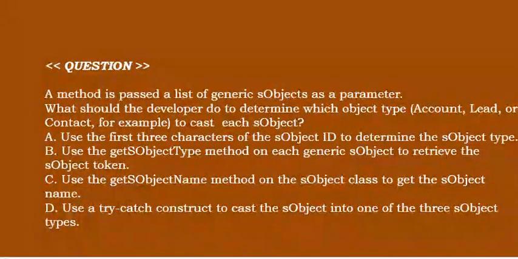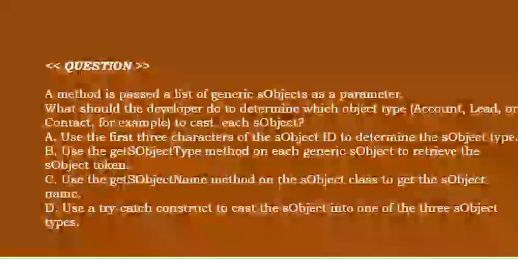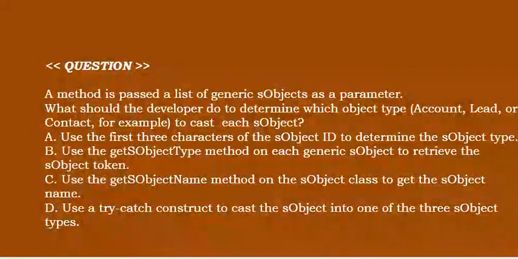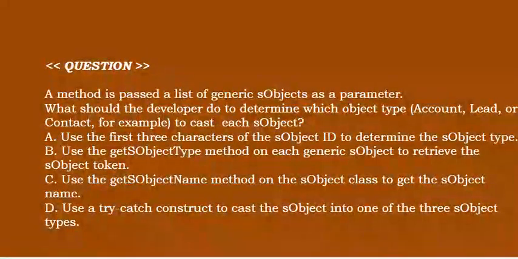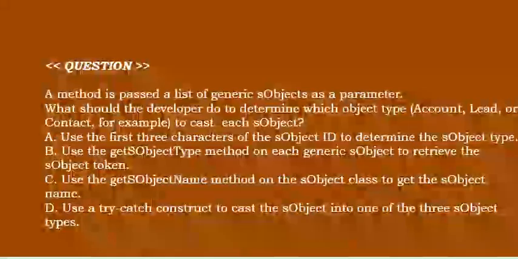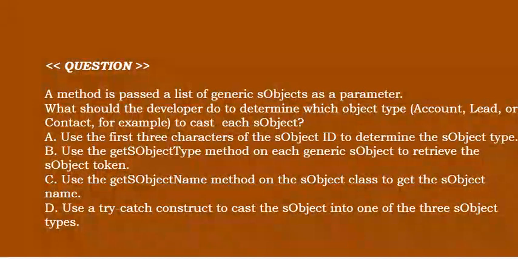Option B. Use the getSObjectType method on each generic sObject to retrieve the sObject token. Option C. Use the getSObjectName method on the sObject class to get the sObject name. Option D. Use a try-catch construct to cast the sObject into one of the three sObject types. Correct answer is option B.